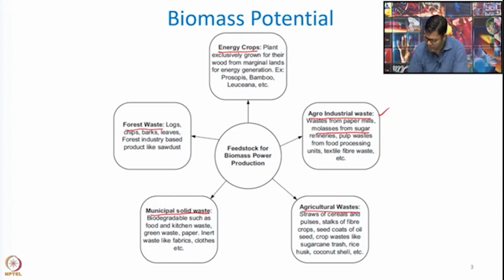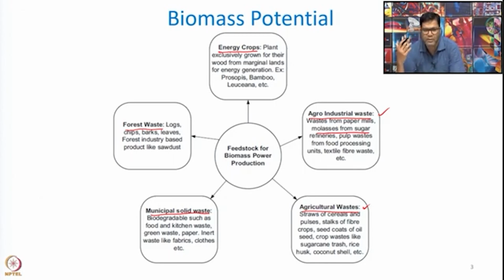Another is agriculture waste, which is something all of us know. When we have wheat, paddy, corn, only the fruit or seed part is the desired, useful product, and the rest of the stock of the plant goes as waste.